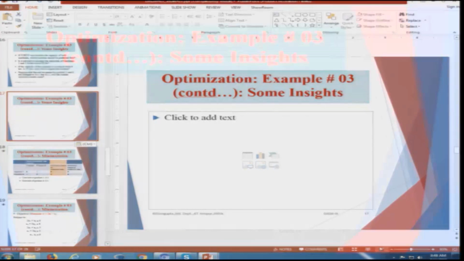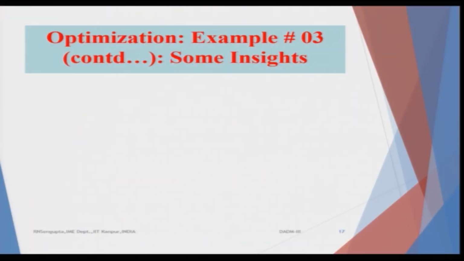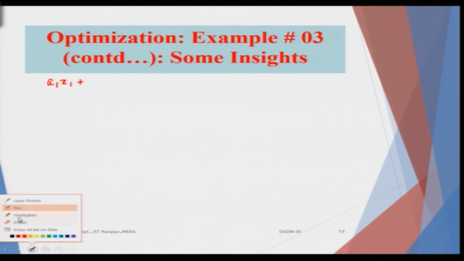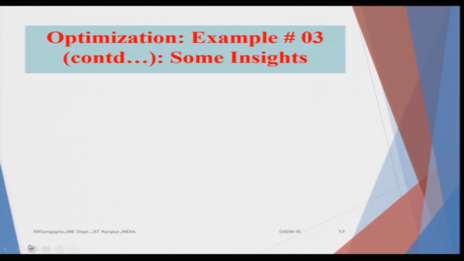Okay. Now, what does general solving of a linear equation mean? Consider the equation a11 x1 plus a12 x2 plus a13 x3 plus dot dot dot plus a1n xn is equal to b1.